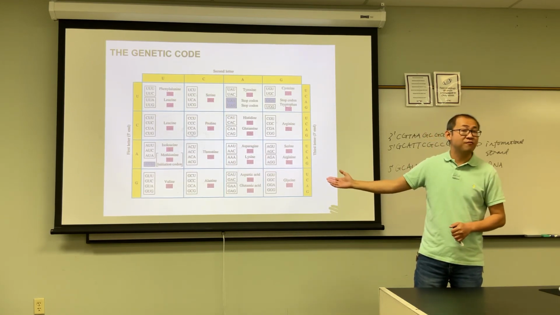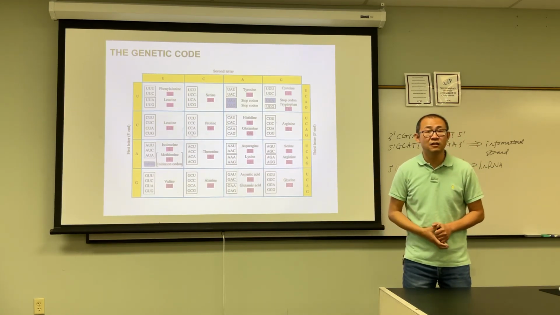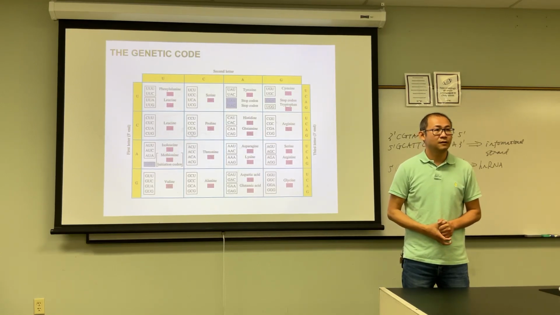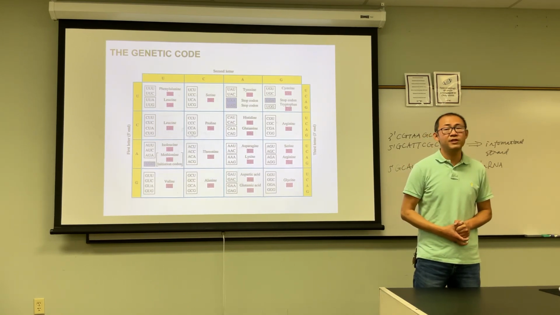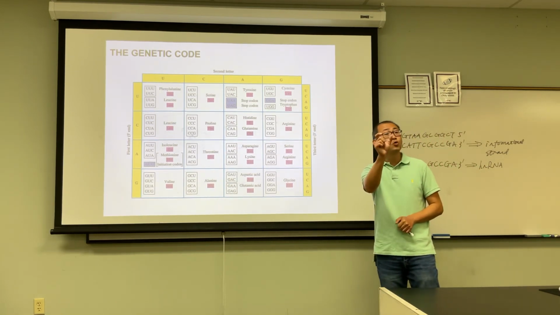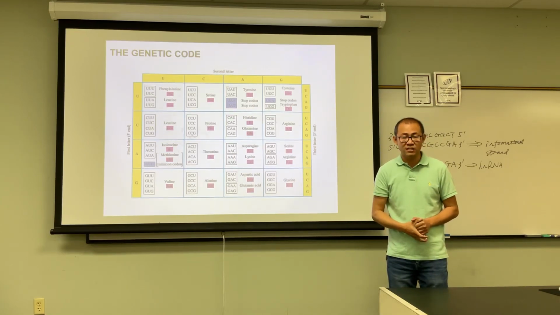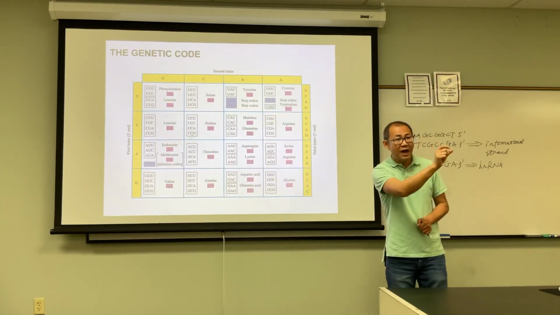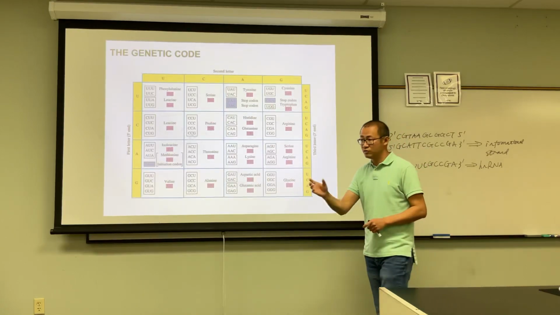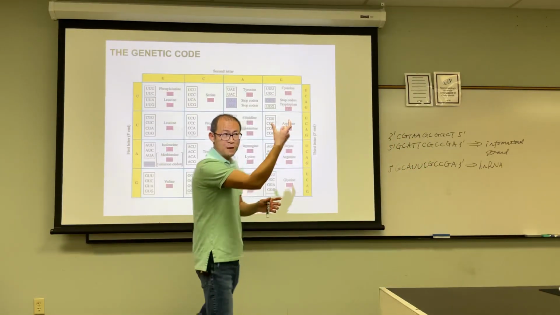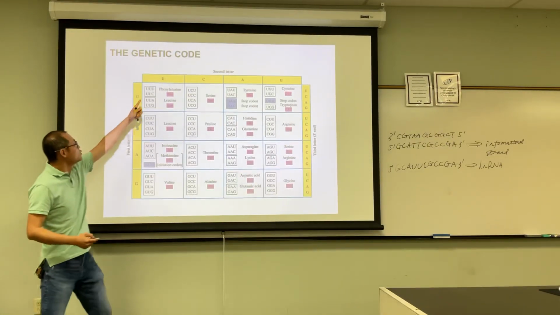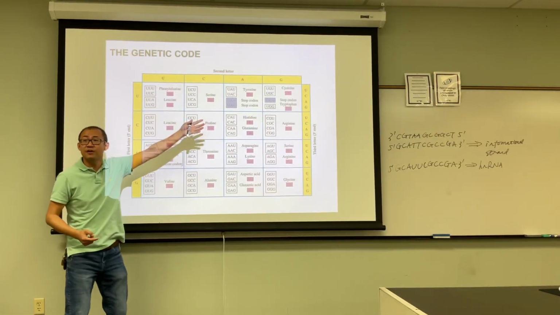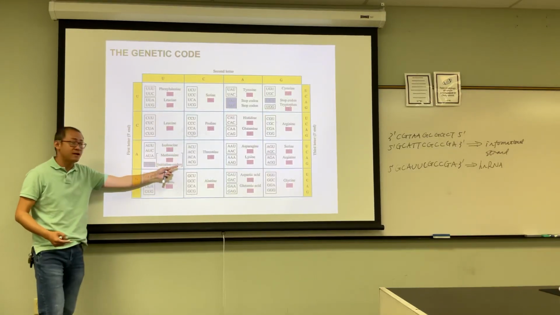You will be provided this chart during your tests and quizzes. You don't have to memorize the codons, but you have to know how to use the chart. Remember, the codon is a group of 3 bases reading from 5 to 3. If you know a codon's 3 bases, all you need is to find which is the first, second, and third.